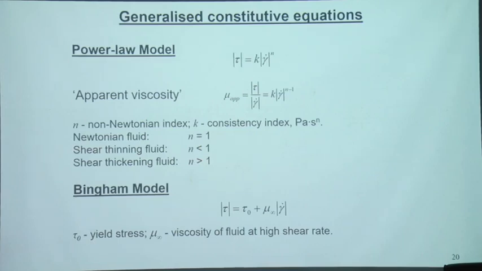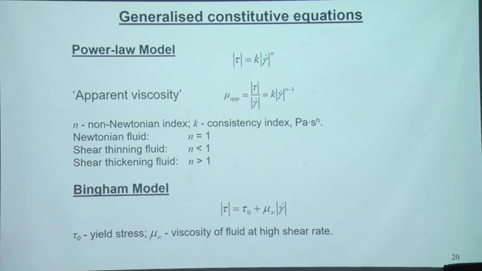So now, how can we describe these mathematically? There are various models that have been introduced in the literature to describe the non-Newtonian behavior of blood. The most common one, not just for blood but for other non-Newtonian fluids, is the power law model.